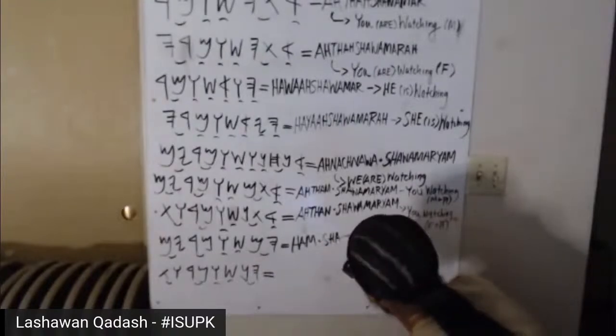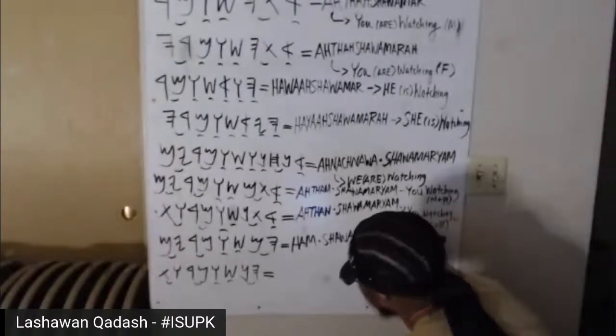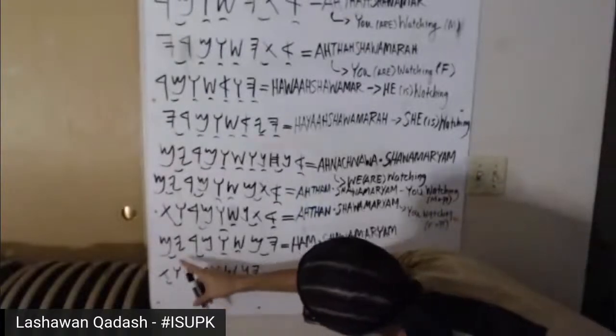You got the sha, the wa. You got the ma connected to the ra, which is going to be mar, and then you're going to have the ya and the ma connected together. Okay.